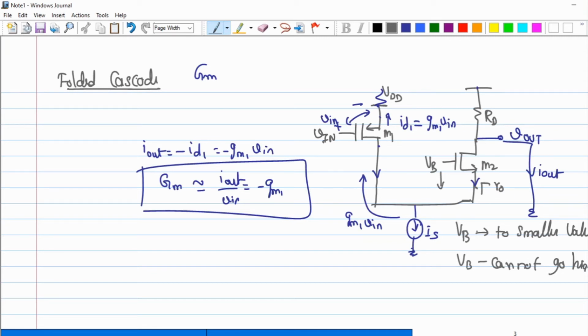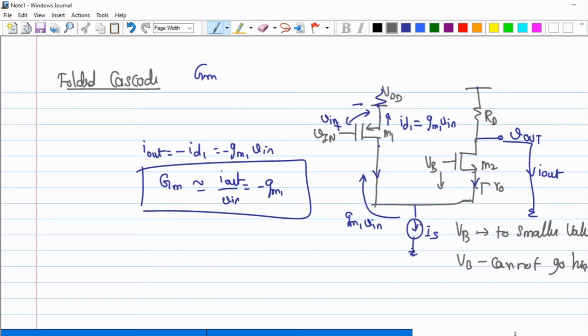Is there any possible way of pushing my VB value higher than the drain of M2? How will I have a circuit like that? Can you do it? Can we have a try? Later we'll talk about the names for those two structures, but I just want you to try to get it right.